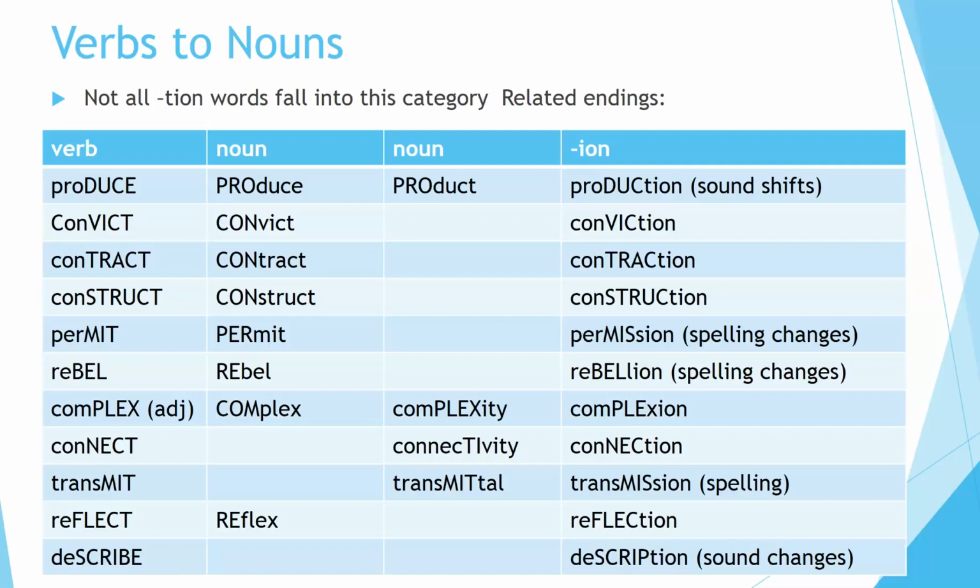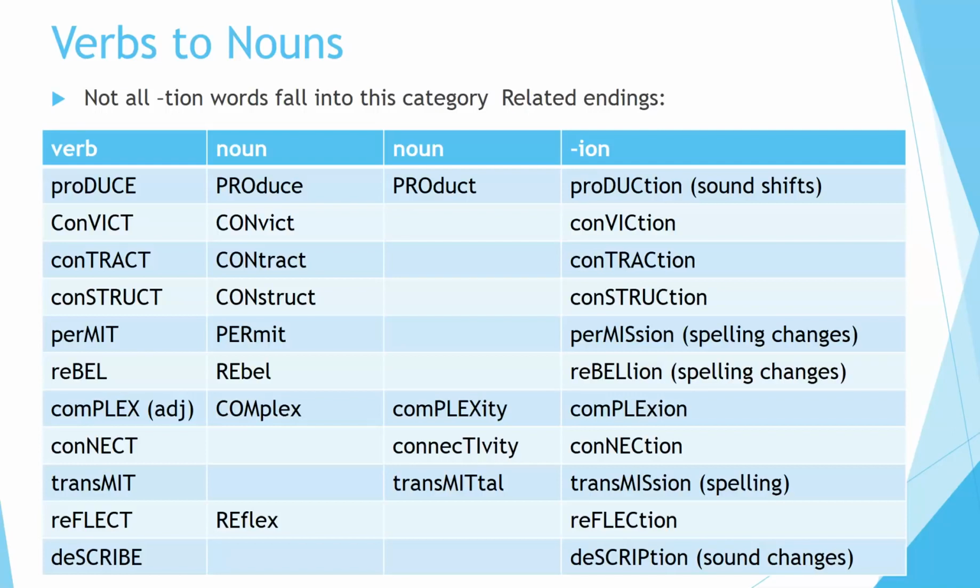This is like permission above, where there's an S-I-O-N and a double S before the I-O-N ending. The next one is a little bit different. Reflect, reflex. I'm not sure if these have the same root word, but the stress changes in the same way. And then reflection, where the stress comes right before the T-I-O-N ending.